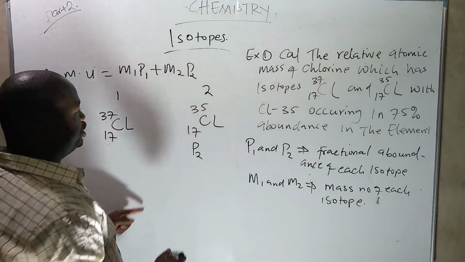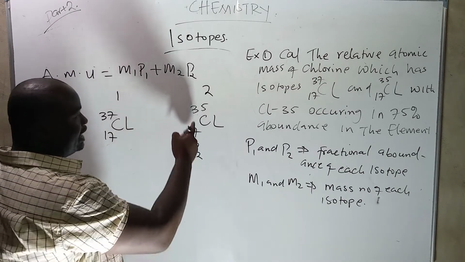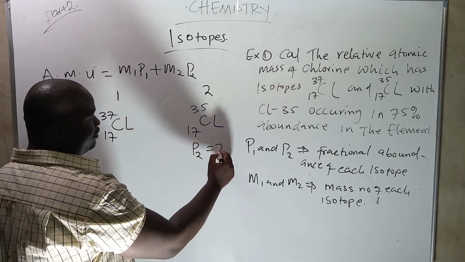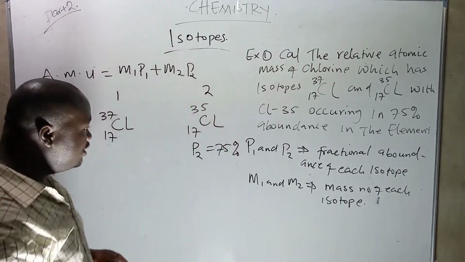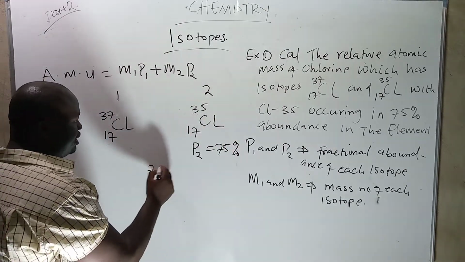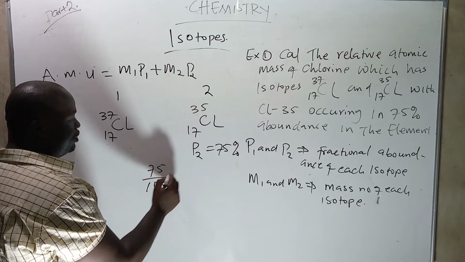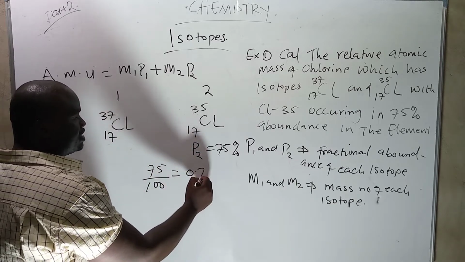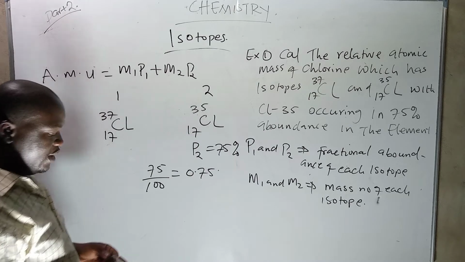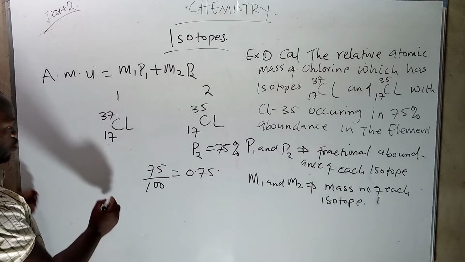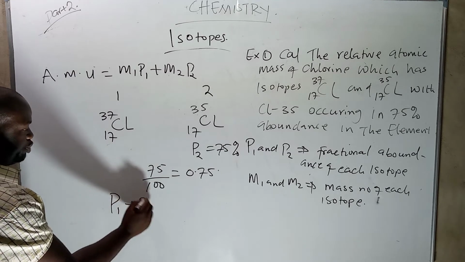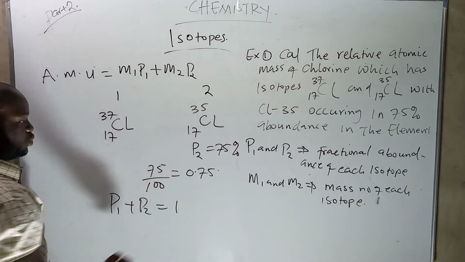They gave you the abundance of this isotope to be 75%. Whenever something is given in percent, it simply means 75 over 100, which is 0.75. Please note that in isotopes, P1 plus P2 must be equal to 1.